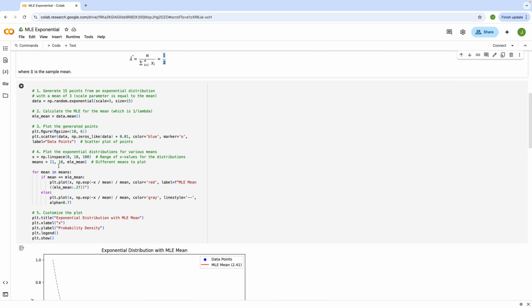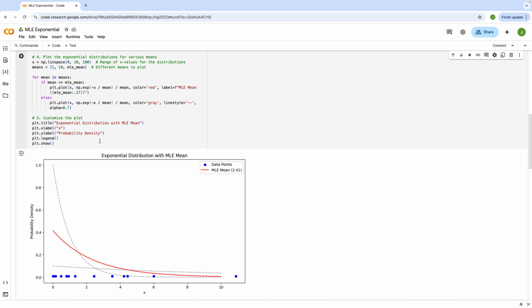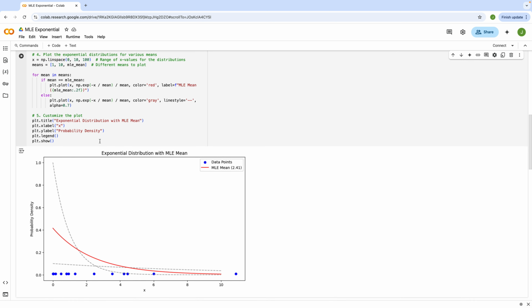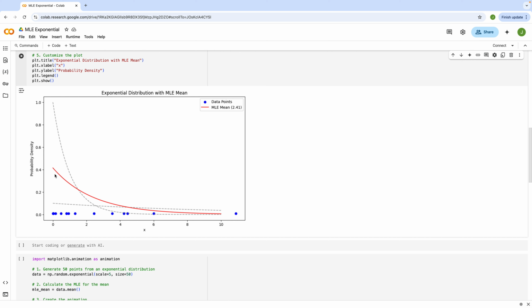The true value of this exponential distribution has a scale of 3, so lambda is 3 here. We want to estimate what value we should estimate according to the randomly generated data from 15 data points.